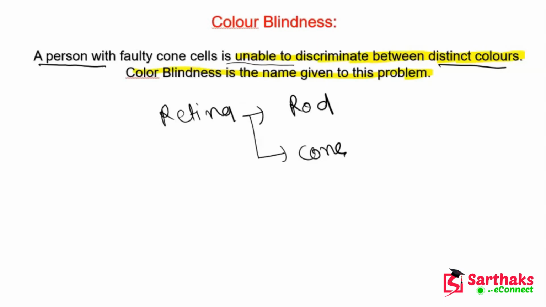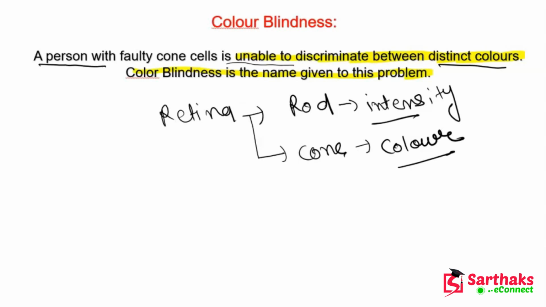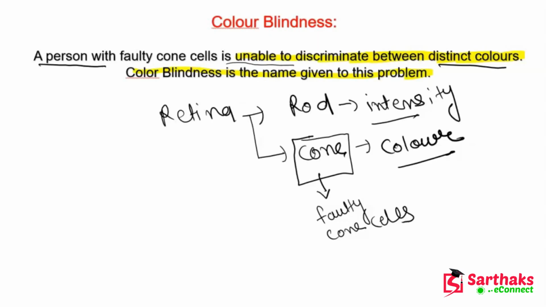I told you that rod cells are responsible for sensing intensity, and cone cells are responsible for sensing color. So a person with faulty cone cells can have this disease, because if your cone cells are faulty, you will not be able to differentiate between colors.